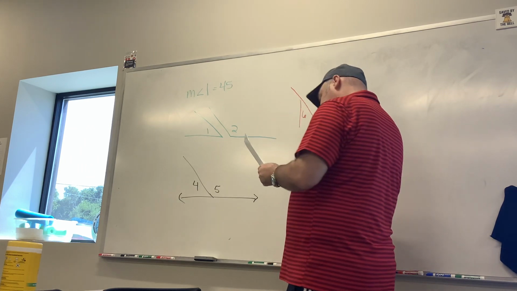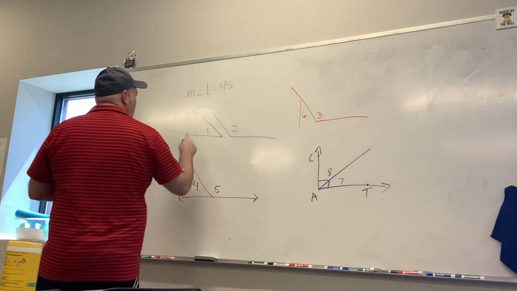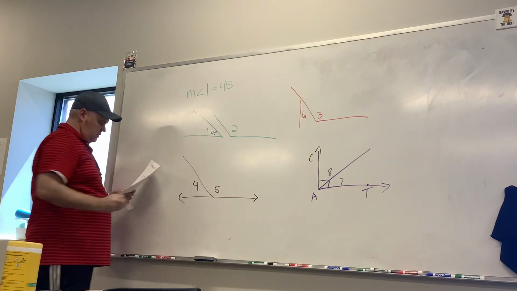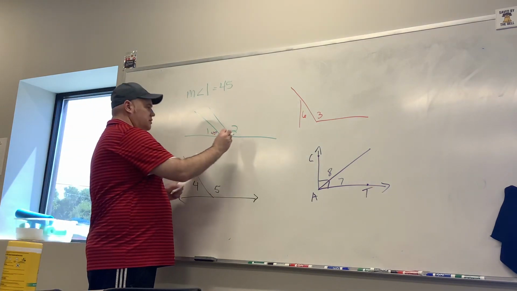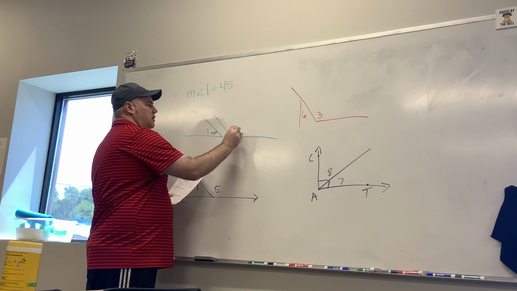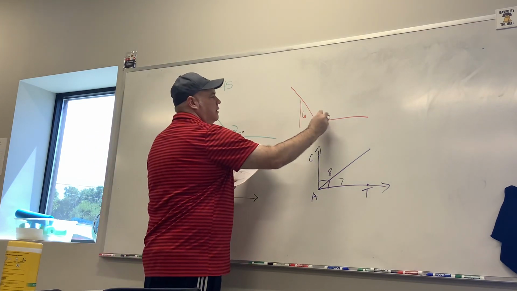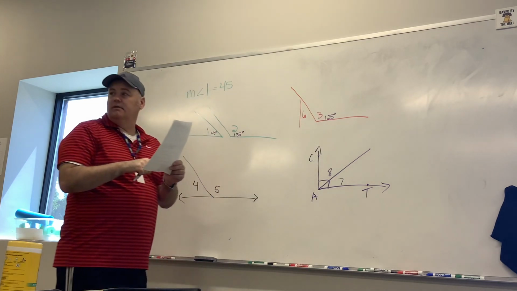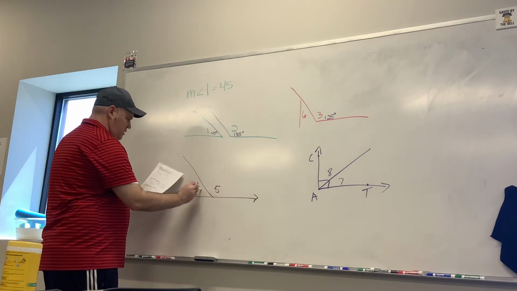Okay, so a couple things they tell us. They tell us that measure 1 is 45, so this is a 45-degree angle. You can go ahead and put, I put them in there so you can see. Measure 2 is 135. Okay. Measure 3 is 125. Do you see where I'm getting these? Where they read? Okay. Measure 4 is 45, so that's over here.